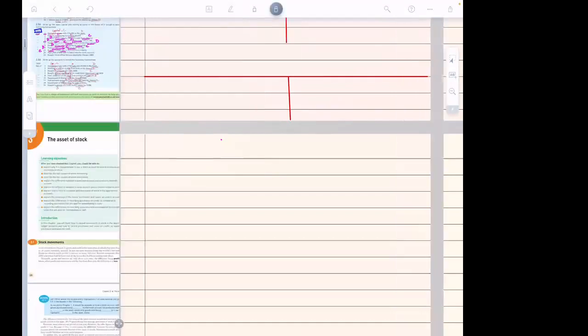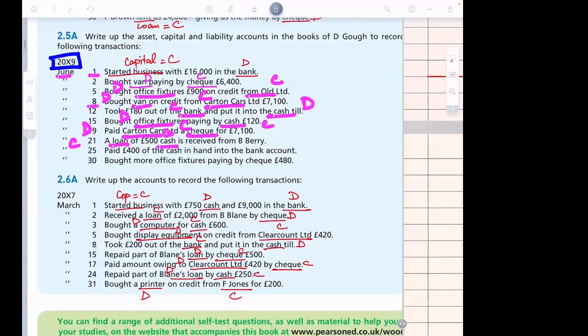So the name of the account has to be loan from BBerry. Write the complete name because we should know who this person is from whom we have taken the loan.